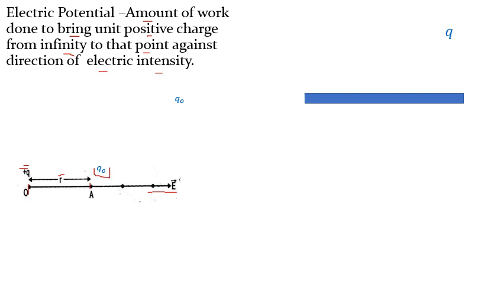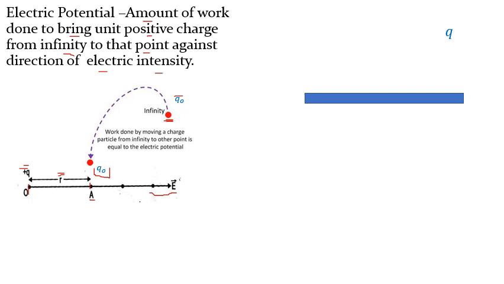Imagine this unit positive charge is at infinity, where the potential is zero. Means from infinity to bring this unit positive charge to point A, which is at a distance r from the given charge, the work is done against the direction of this electric intensity. This work done per unit charge is called electric potential.